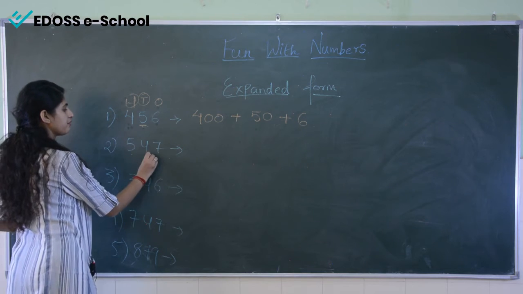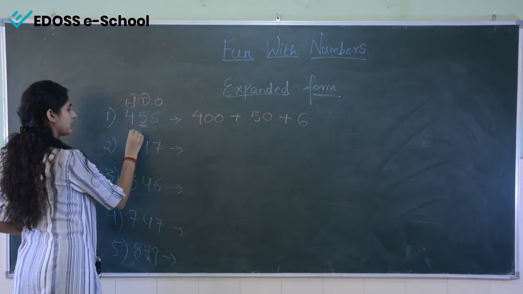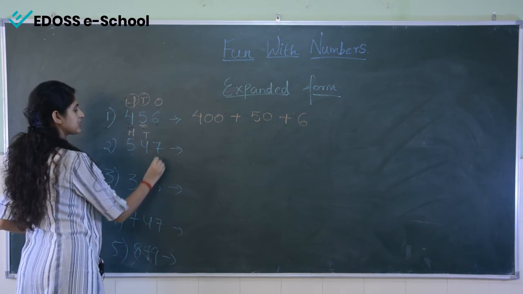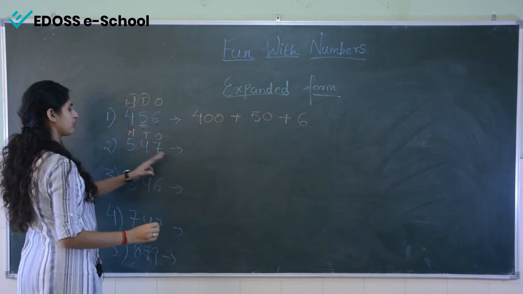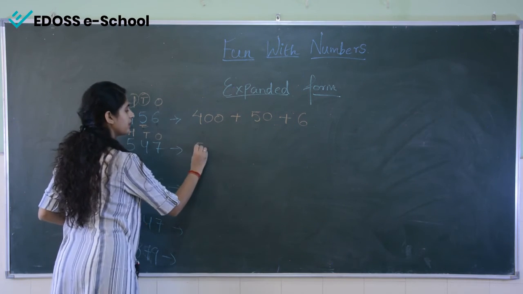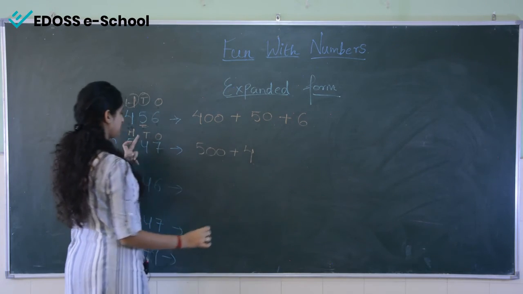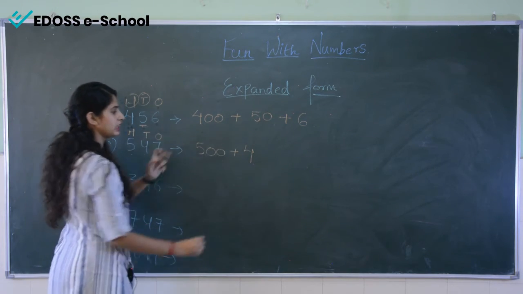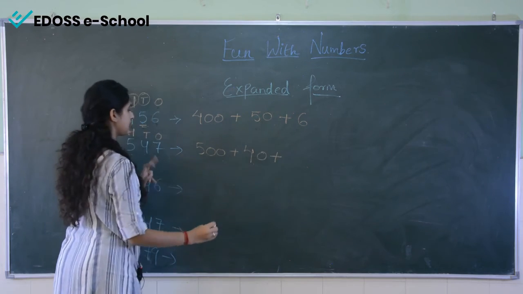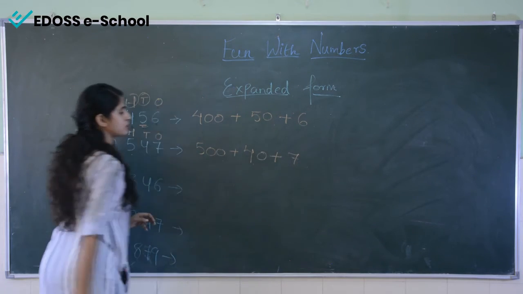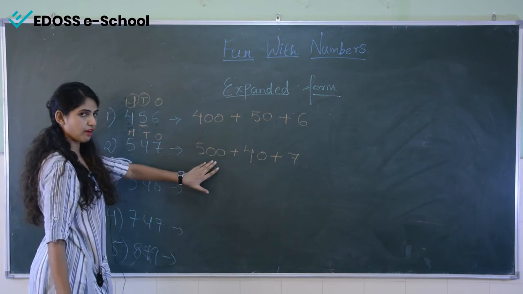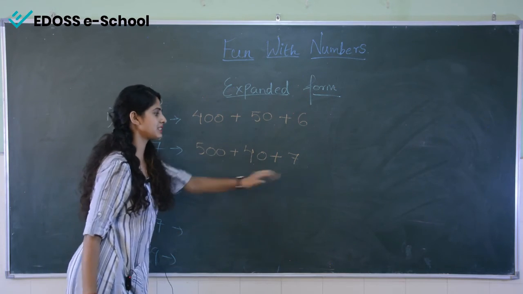Next is 547. Place value of 5 is 100, 4 is tens and place value of 7 is ones. So how will we write? 500 plus 4 tens, 40, plus 7. So expanded form of 547 is 500 plus 40 plus 7.